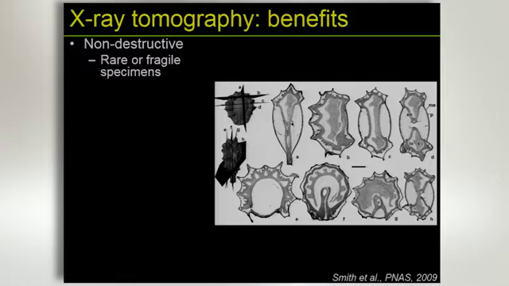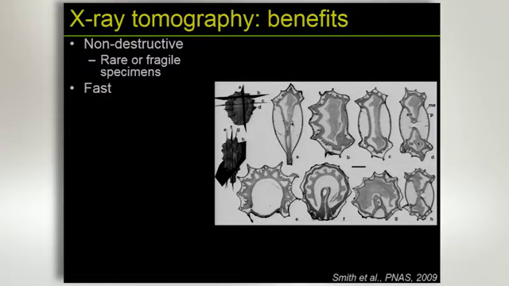So this way we can still get that internal structure without damaging the specimen. But equally for modern plants, right, fruits and seeds aren't often collected or aren't always available in herbaria. So again, this is a way we can borrow it, get the info, but then the seed can go back to the herbarium and it's still intact.